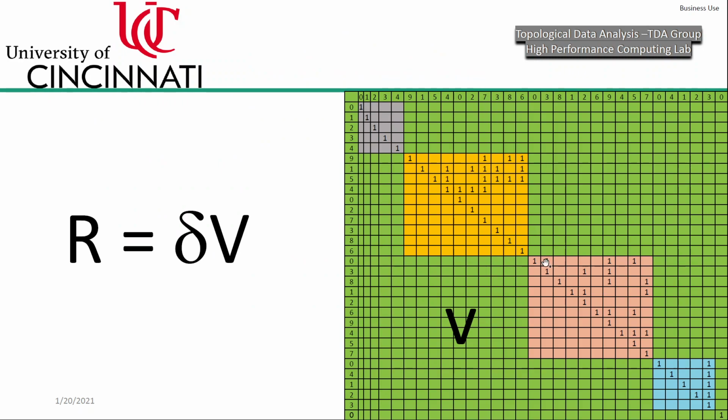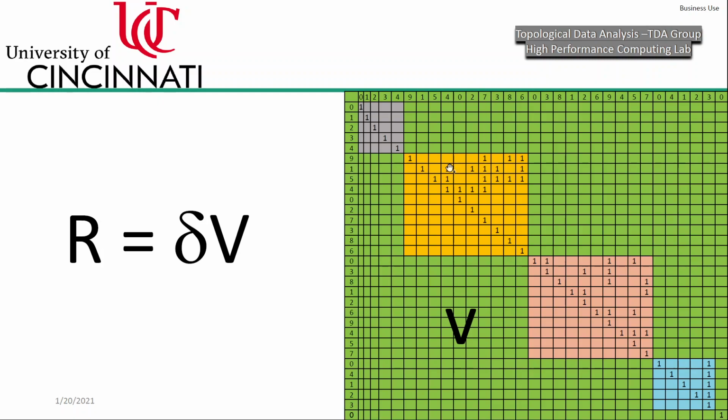It has a reduction from 0, and 0 in turn has a reduction from 4, and 4 in turn has a reduction from 1 and 5.